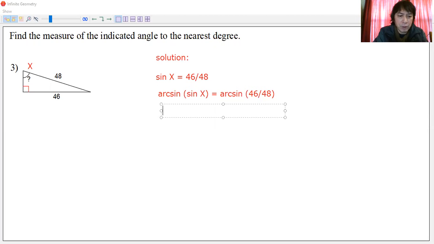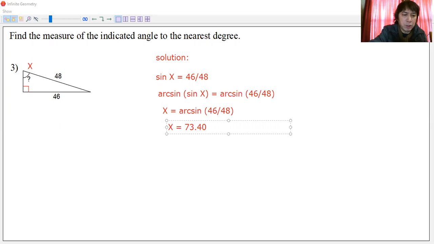Next, we have here X is equal to arc sine of 46 over 48. And that's it. We will be able to get the value of the angle. This will be inverse sine of the ratio 46 to 48, and that should be about 73.4.